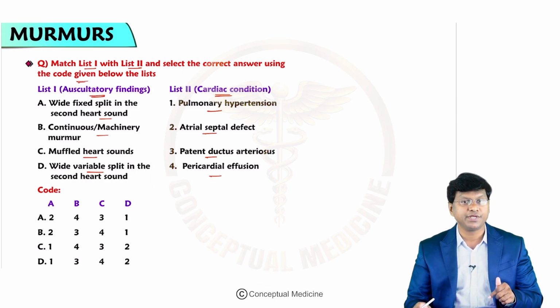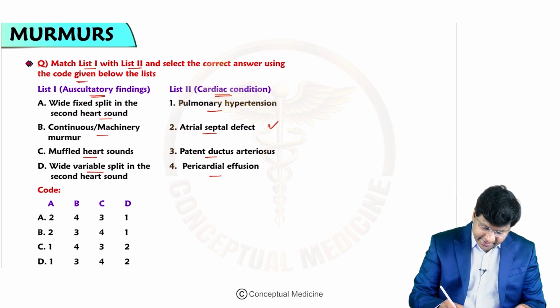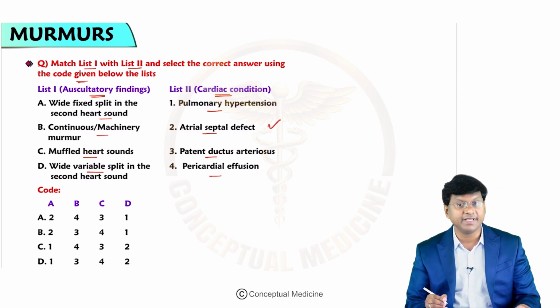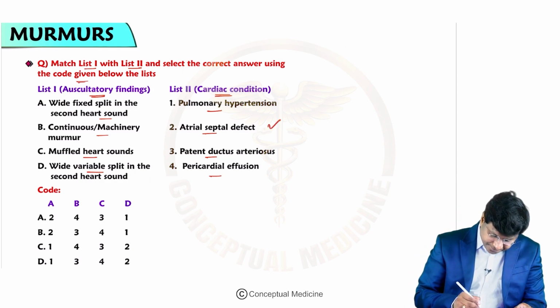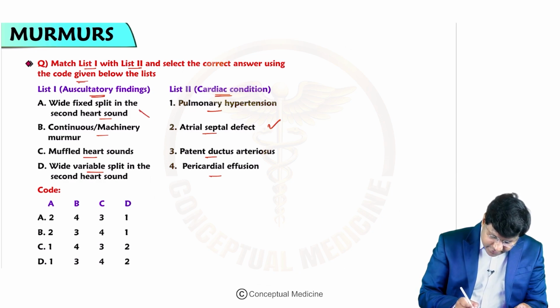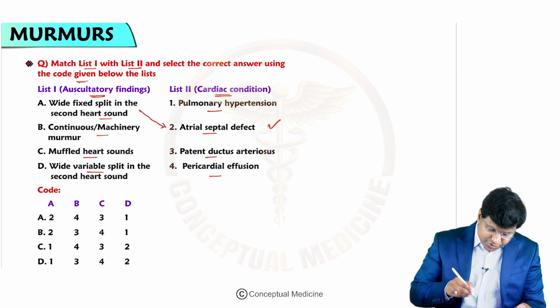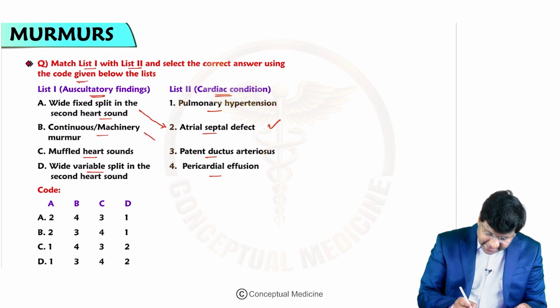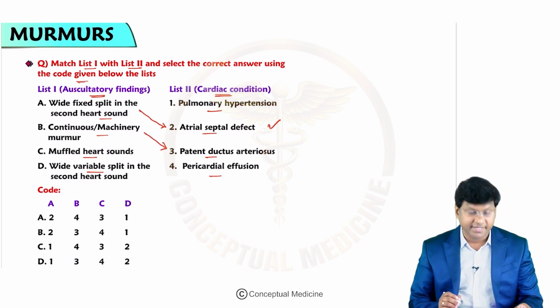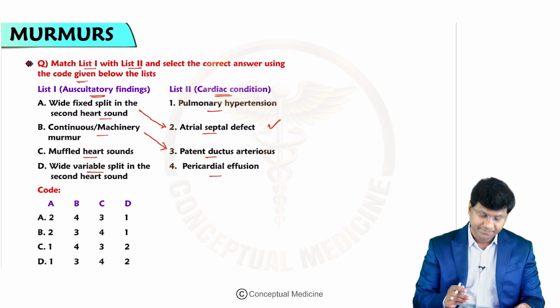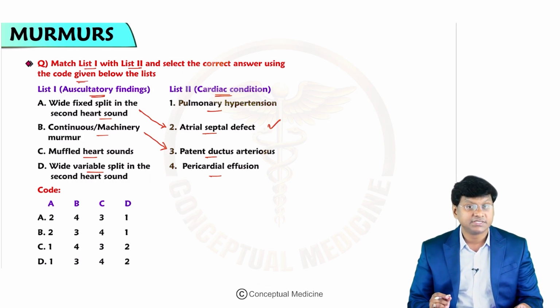So what is a condition where you have the wide fixed split in second heart sound? That will be atrial septal defect, right? So your A is atrial septal defect. Continuous murmur or machinery murmur, you will have that in patent ductus arteriosus. That is B, it corresponds to your 3.